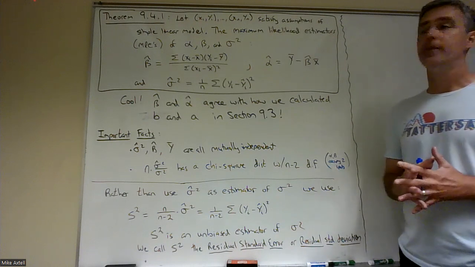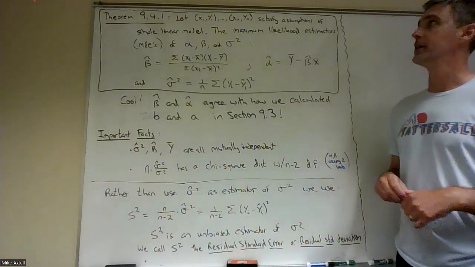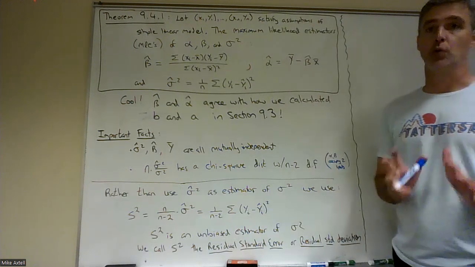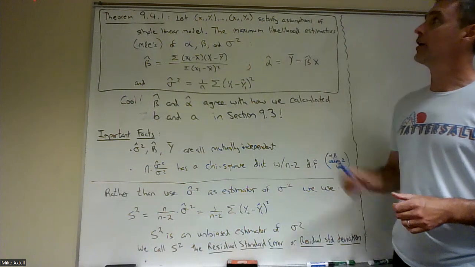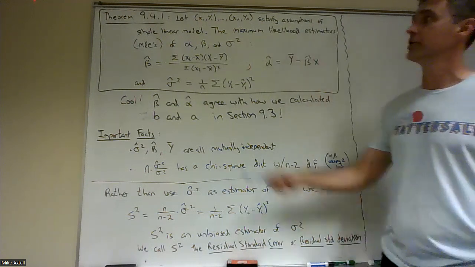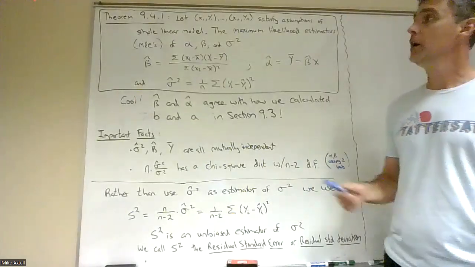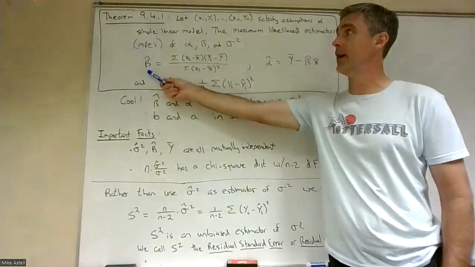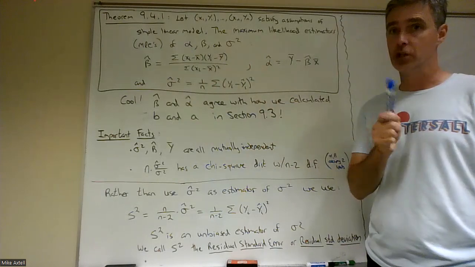If we have all the assumptions on the previous panel for this data set, then we've got some great, reassuring news. If I figure out the maximum likelihood estimators of alpha, beta, and sigma squared, they turn out to be familiar. The maximum likelihood estimator of beta, which we'll call beta hat, is given by this expression, which should look very familiar.